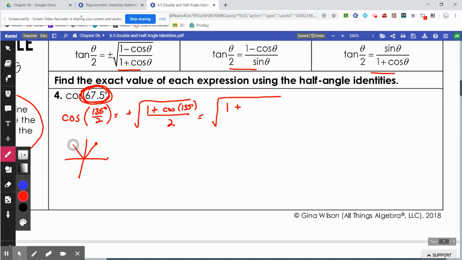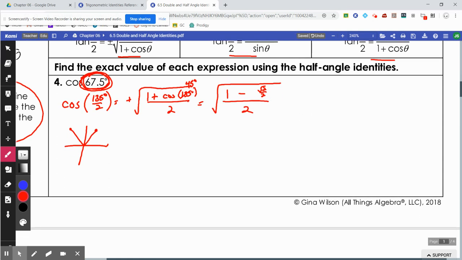Now, that 135 is over here in the second quadrant, though, where cosine is negative. So the cosine of 135 is going to be negative. Use its reference angle, which is 45, and that's going to be negative root 2 over 2. So there you go. The cosine of 135 is negative root 2 over 2. And again, the plus minus bothers me. Let's just put the 1 minus sign; positive times negative combines to become a negative.